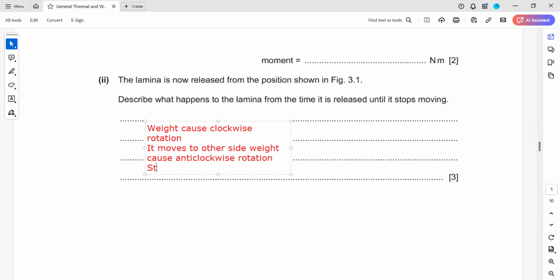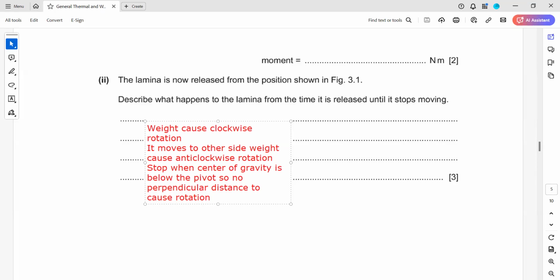And eventually it will stop when the center of gravity is below the pivot. So no perpendicular distance to cause rotation. As there is no perpendicular distance, it won't rotate at all.